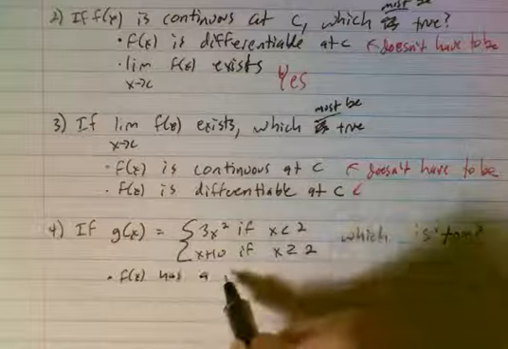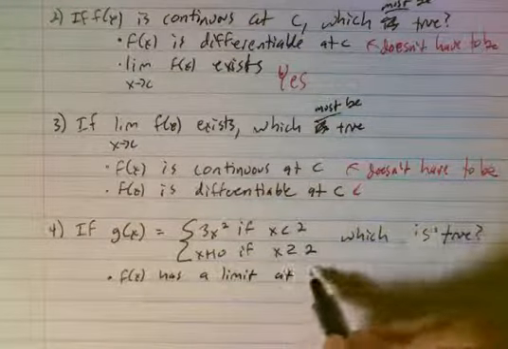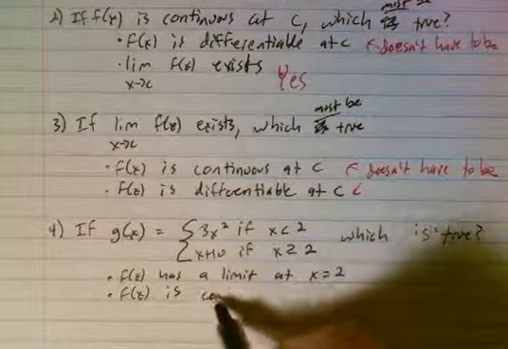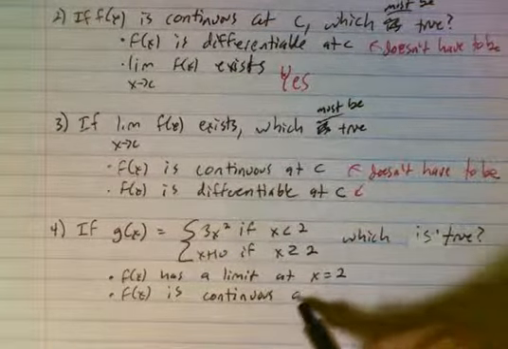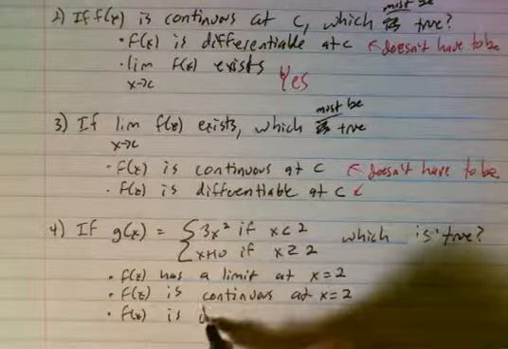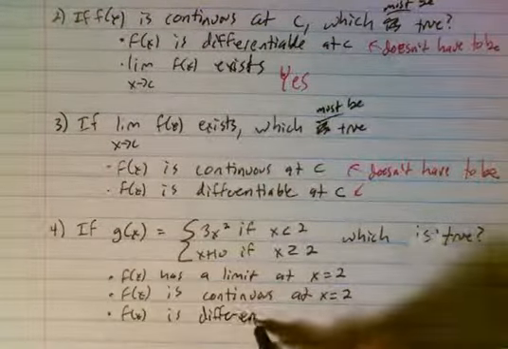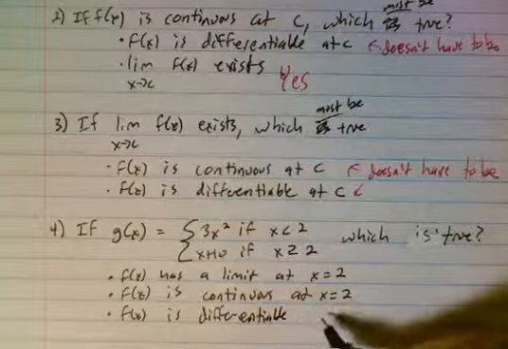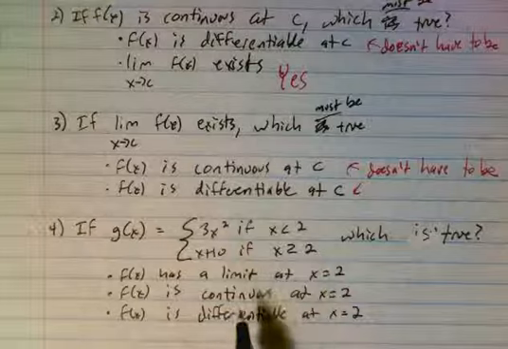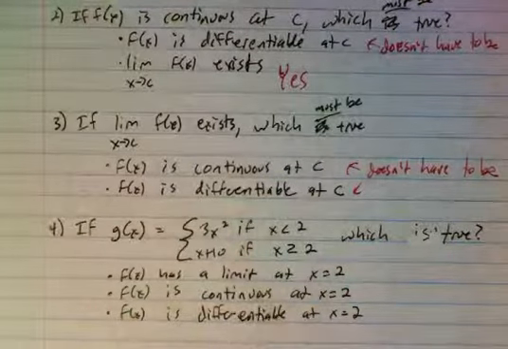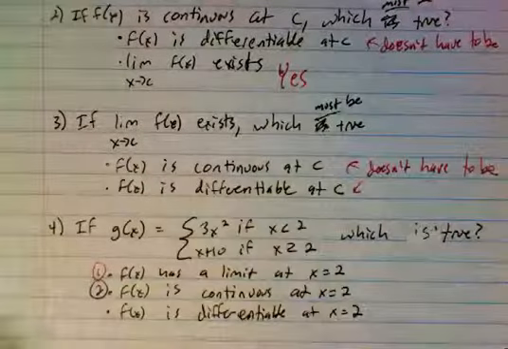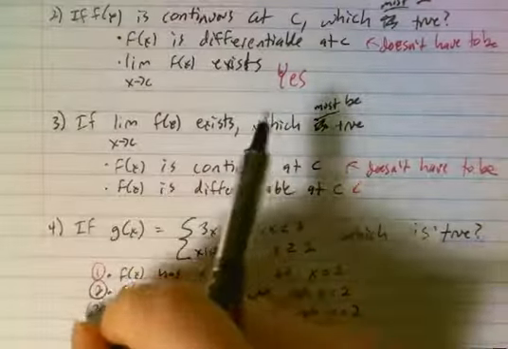F of x has a limit at x equals 2, f of x is continuous at x equals 2, and f of x is differentiable at x equals 2. So let's start off with that limit. I'm going to number these: 1, 2, and then 3.